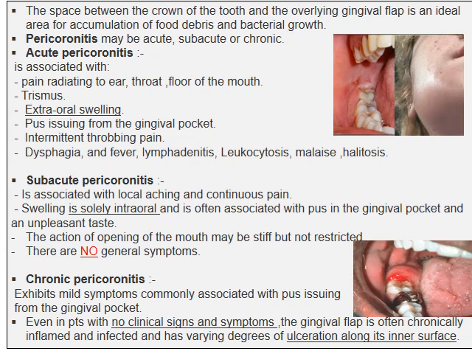Intermittent throbbing pain. Sometimes the patient has intermittent throbbing pain, due to the collection of pus in the area.